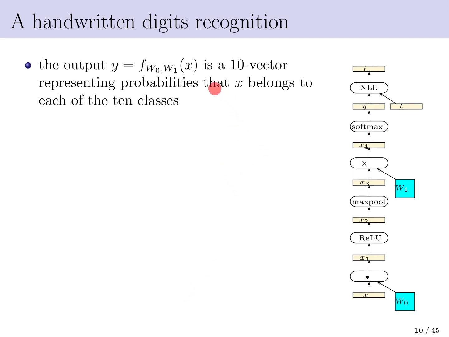The output of this model is the output of the softmax layer. So it is a 10-element vector, each component of which represents the probability that the model thinks the input belongs to each particular class. In this case, you have 10 classes from 0 to 9.